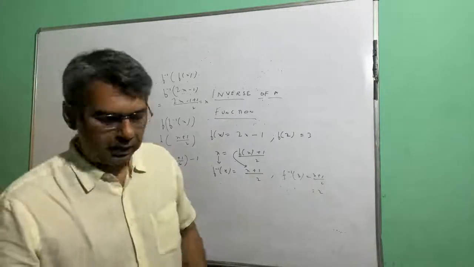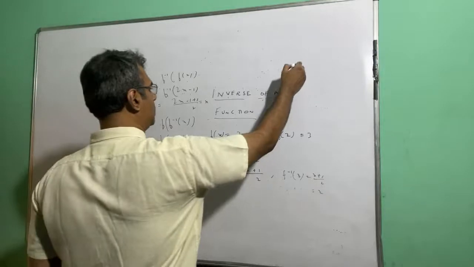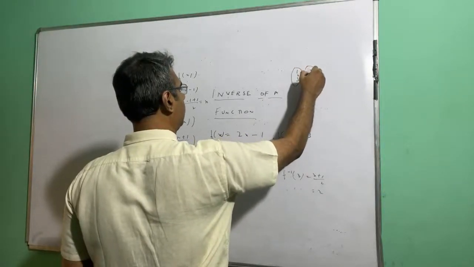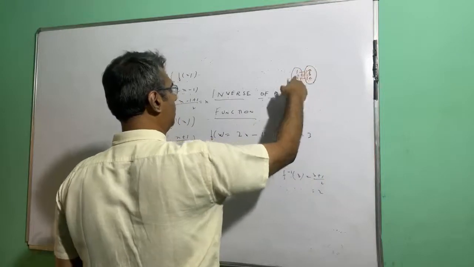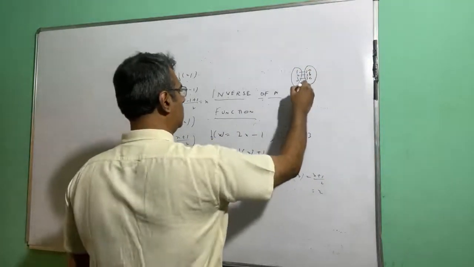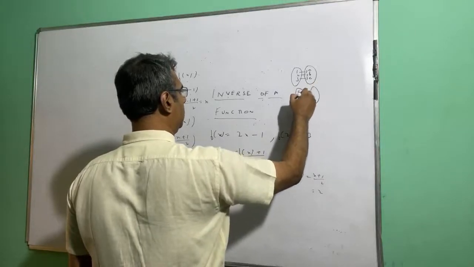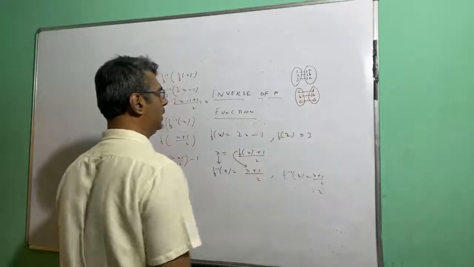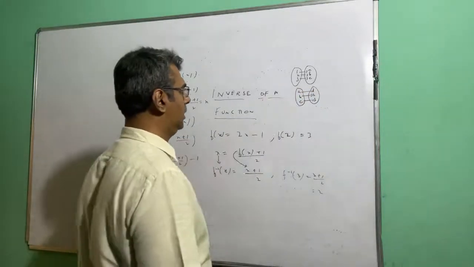Just to give you an idea, suppose you have a function like this: 1 to a, 2 to b and 3 to c. So the inverse will be like this: a to 1, b to 2, c to 3. So this is the original function, this is the inverse.